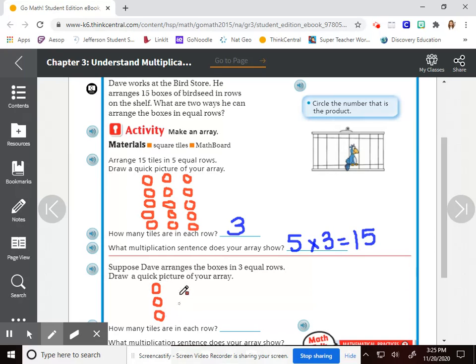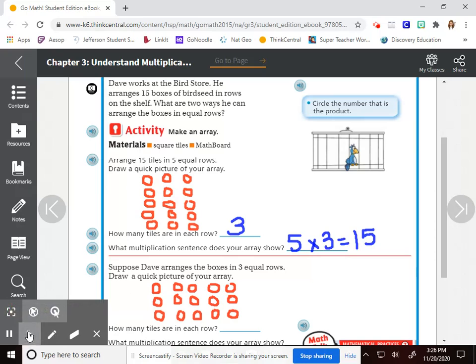So I have 1, 2, 3, 4, 5, 6, 7, 8, 9, 10, 11, 12, 13, 14, 15. So now I have 1, 2, 3 equal rows, and I've used all 15 of my counters.